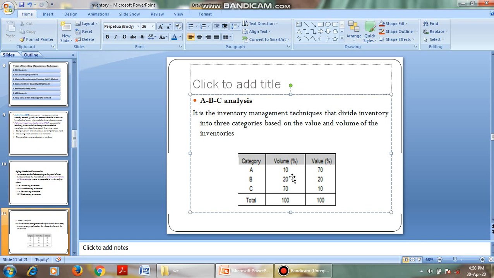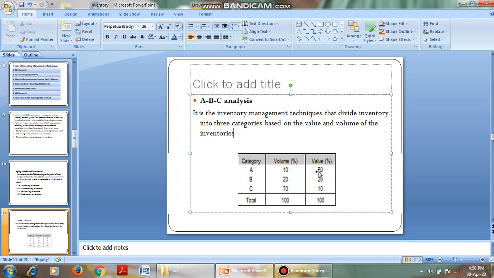But its value is less. Volume is 10 kgs, but its value is less. Whereas gold, its volume is less. Volume is only 5 grams, but its value is more. That is, it divides inventory into three categories A, B, C. In A, the volume is 10%, but the value is 70%.